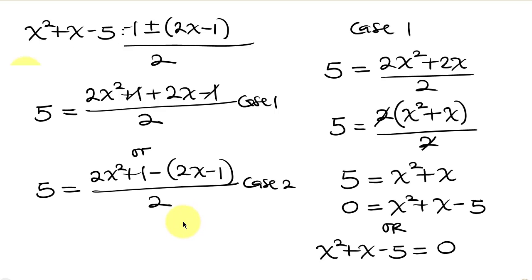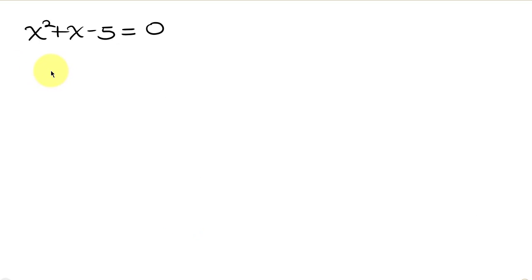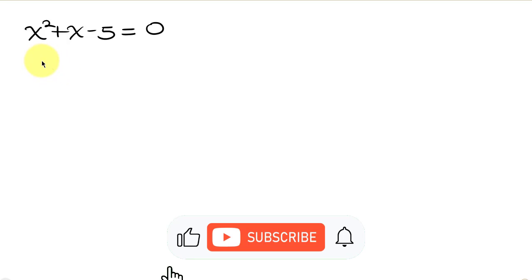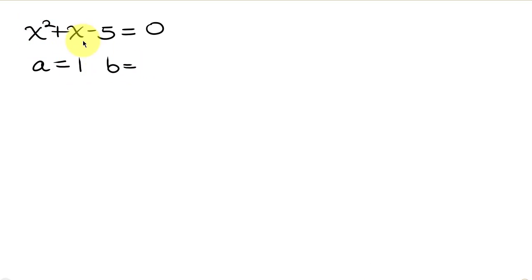Very good. So we have a quadratic equation that we're going to solve, and we're going to be using the quadratic formula. So a here is the coefficient of x squared, that is 1. B is the coefficient of x, which is also 1, while c is the constant term, which is negative 5.